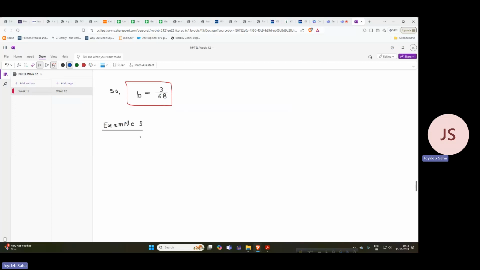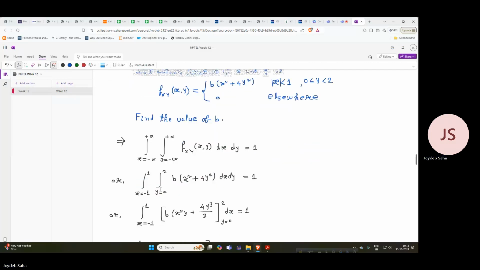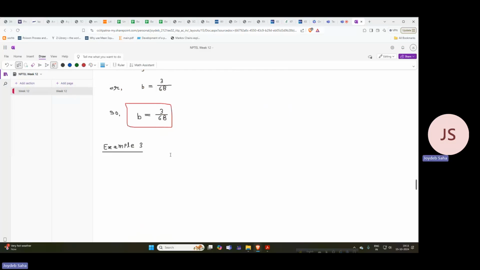Joint density function of xy is given. Okay, joint density function of xy.